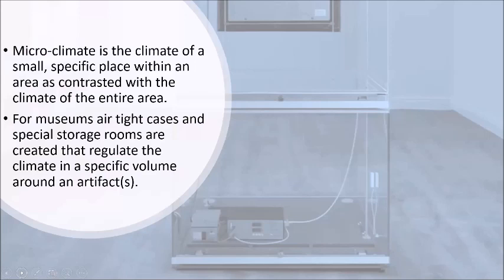It is the climate or environment of a small specific place within an area as contrasted with the climate of the entire area. So for museums, airtight cases and special storage rooms are created that regulate the climate in a specific volume around the artifacts. So we create a microenvironment in museums, in display cases and in storage rooms or cabinets and all.